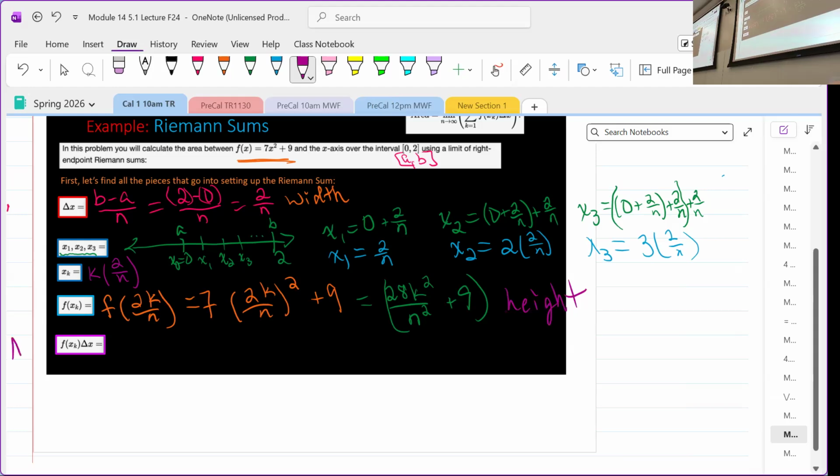So now we've got the area of one rectangle. The width times the height. So our height is that weird formula we just got, 28k squared over n squared plus 9, times our width was 2 over n.